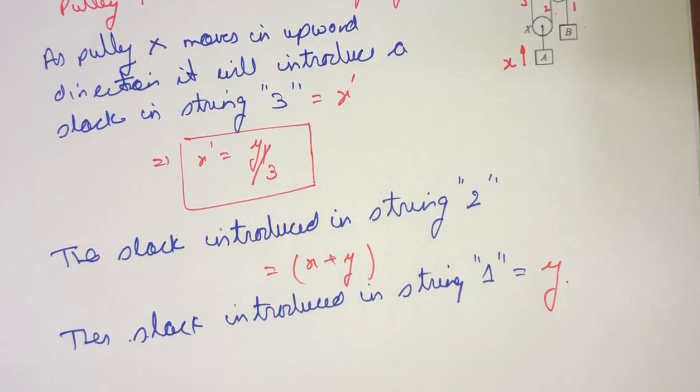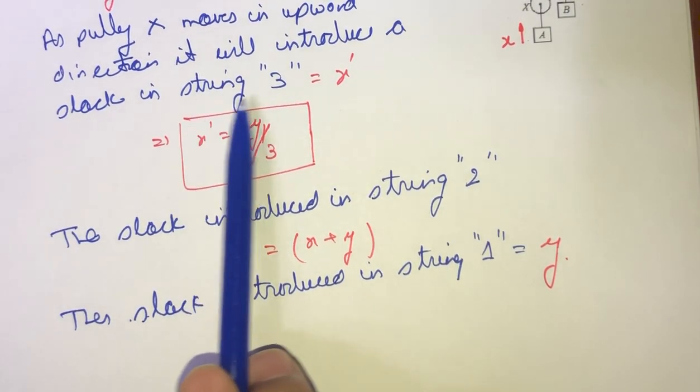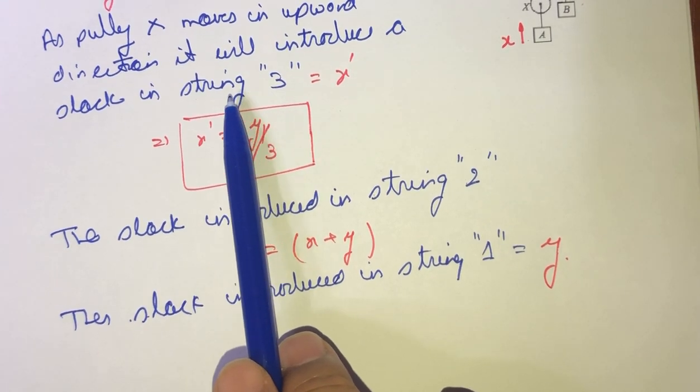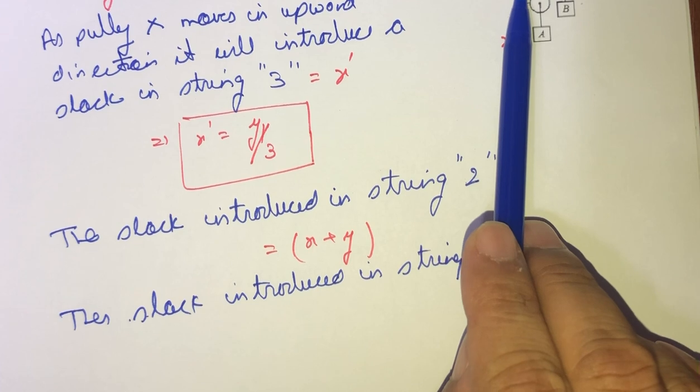The resulting slack in string number 3 will be dependent upon two things.